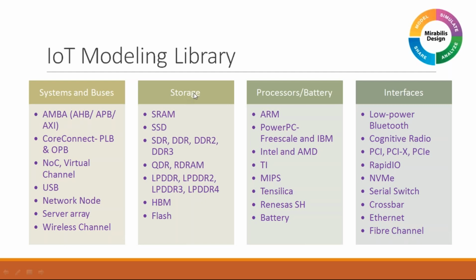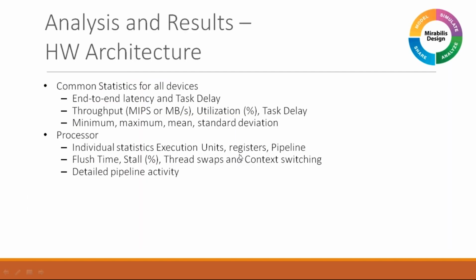And in terms of the storage technologies that we provide, we have all the way from flash memories or HBMs or low power memory devices or SDR, DDRs and SSDs and things like that. And these libraries help in achieving your system architecture quickly and accurately as well.